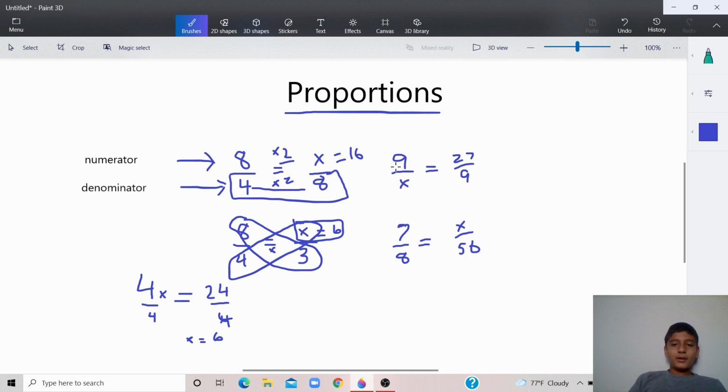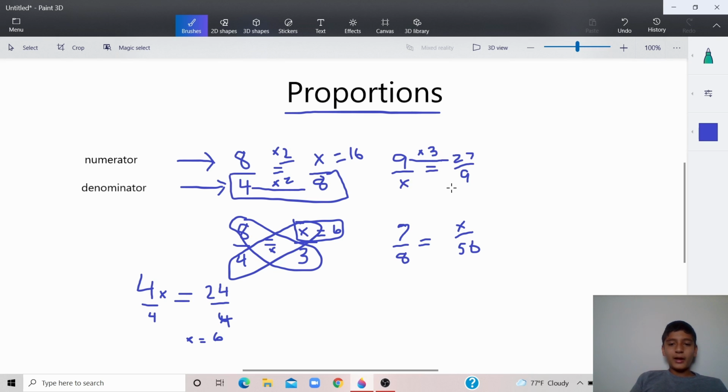Okay, now let's do another one here. 9 divided by x equals 27 divided by 9. We'll do the same thing we did in the first problem, because we see that 9 times 3 equals 27. So x times 3 equals 9.